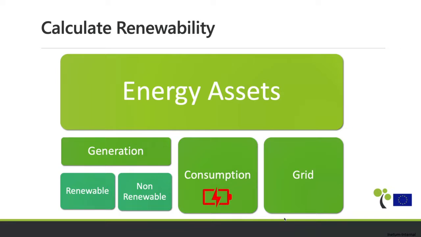But we will be focusing mainly, and I drew that little battery with the red icon there to let you know, on consumption, because this is where the recommendations will be sent. We understand that there is little to no effect that can be had on the production of renewable sources, thinking of solar panels.